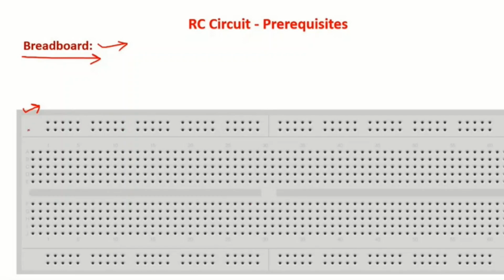If you look at this particular breadboard, you can see the top and the bottom portions are looking the same or similar to each other, right? That means the property of the top portion and bottom portion is the same.